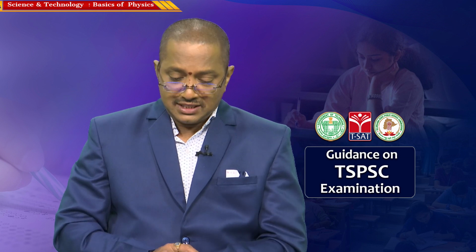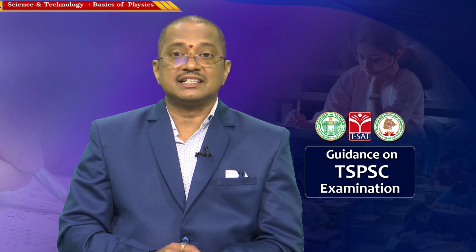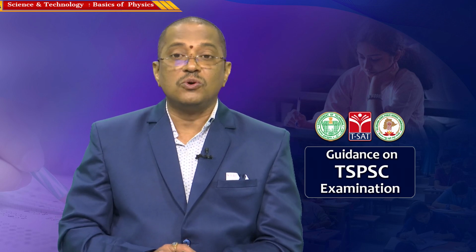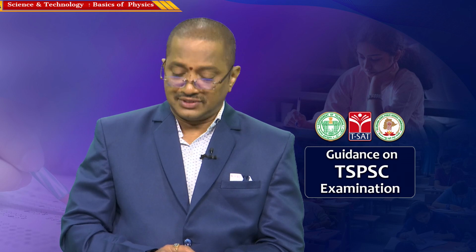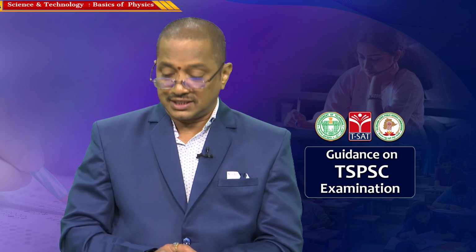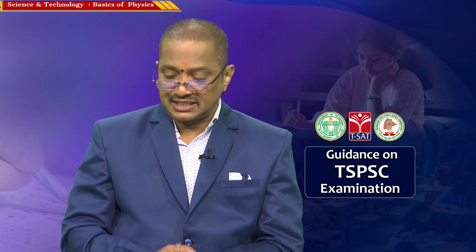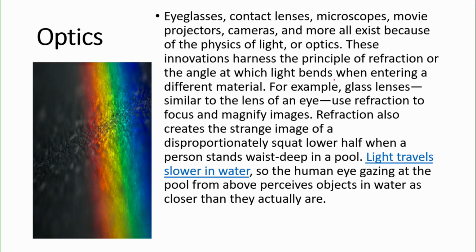Now we come to another very important topic, optics. Eyeglasses, contact lenses, microscopes, movie projectors, cameras and more all exist because of the physics of light, or optics. These innovations harness the principles of refraction, the angles at which light bends when entering a different material. For example, glass lenses, similar to the lens of an eye, use refraction to focus and magnify images.